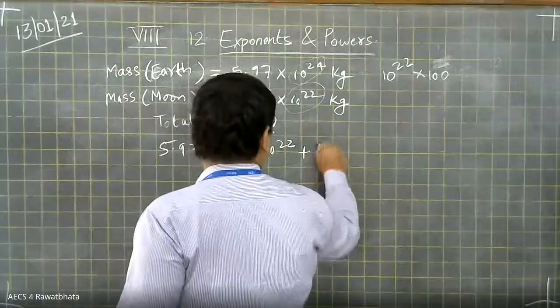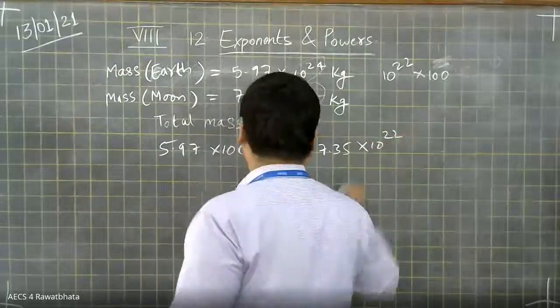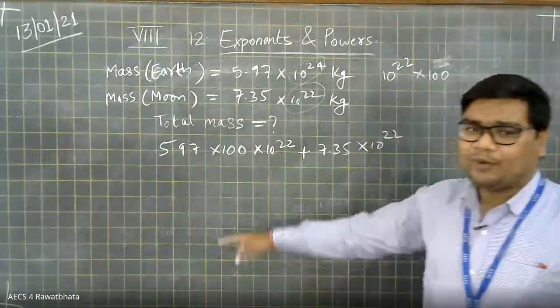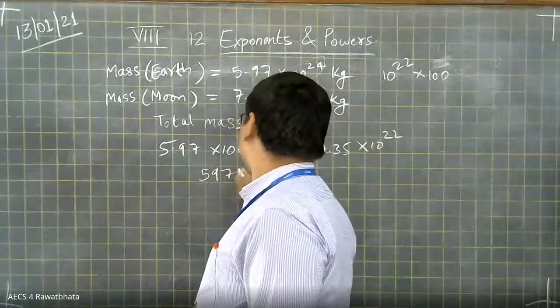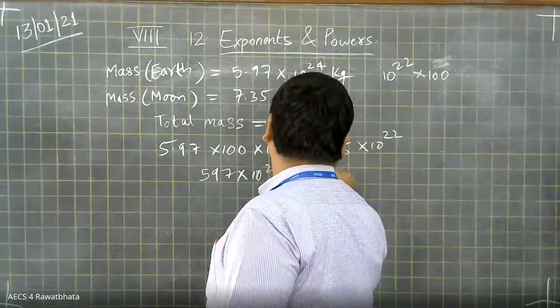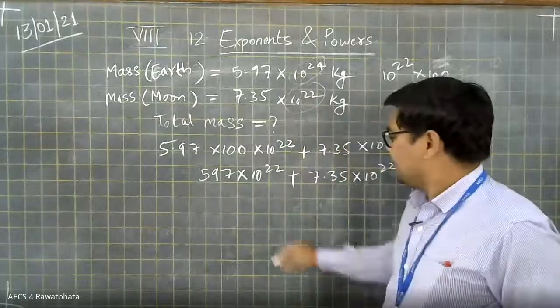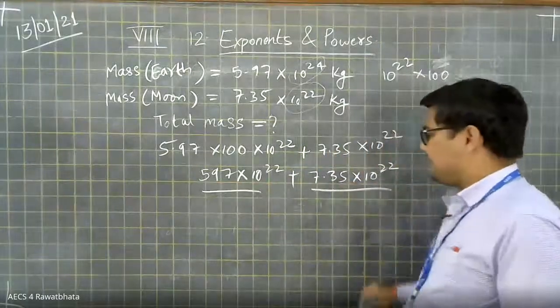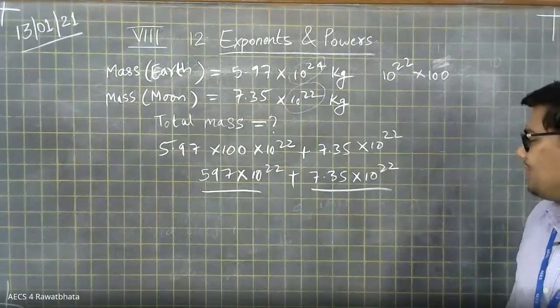plus 7.35 into 10 to the power 22. Okay, 5.97 into 100 is 597. 597 into 10 to the power 22 plus 7.35 into 10 to the power 22. Now look, in both the terms 10 to the power 22 is common.